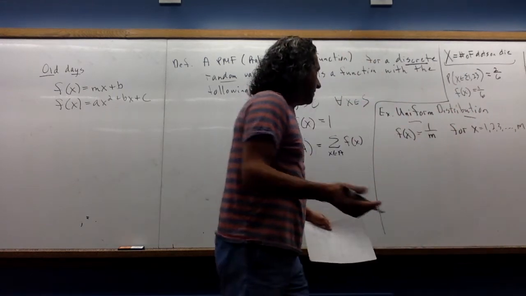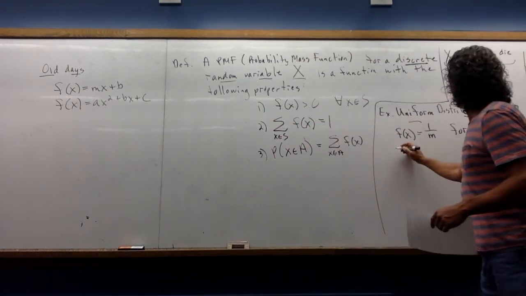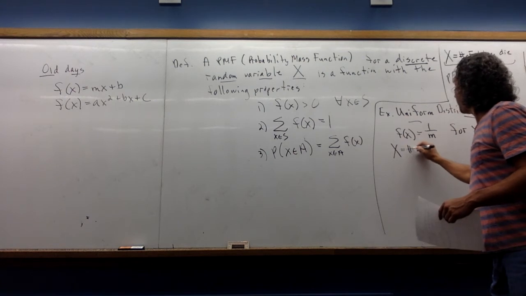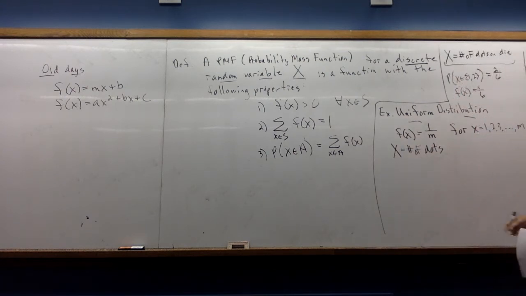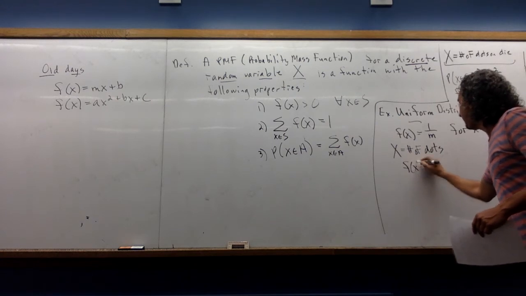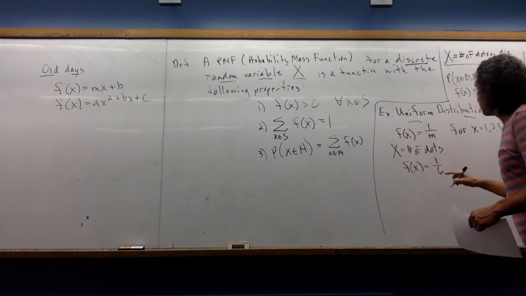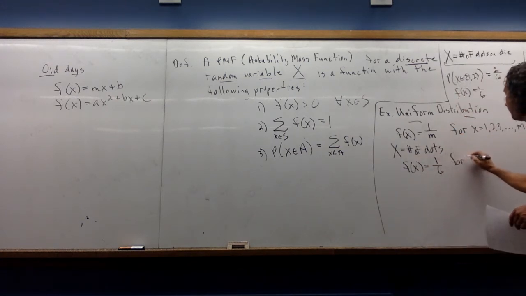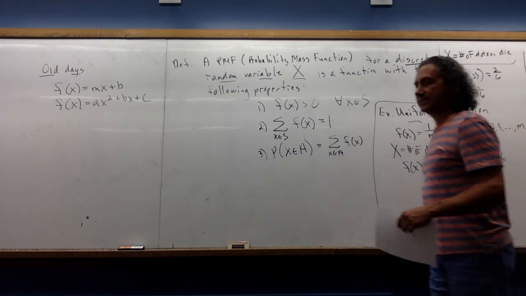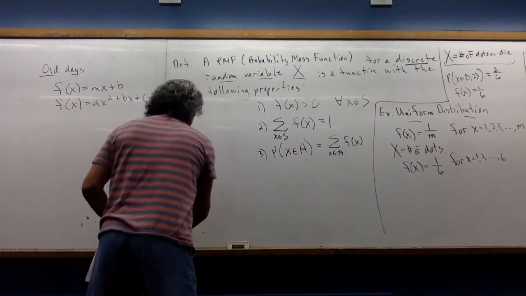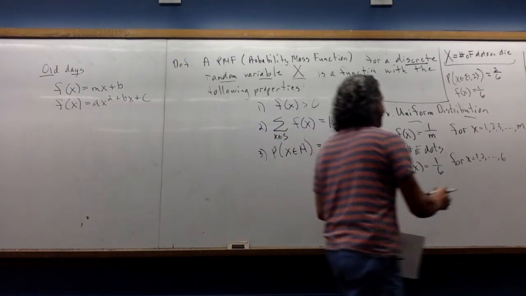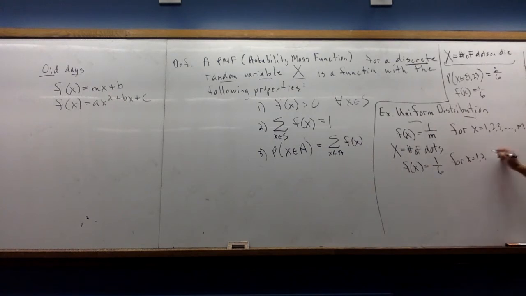So with the die example, if big X is the number of dots on a single roll, f of x equals 1 over 6, for x equals 1, 2, up through 6. I guess I could have written 3, 4, 5, but that seems really lazy. So x equals 1, 2, 3, 4, 5, or 6.